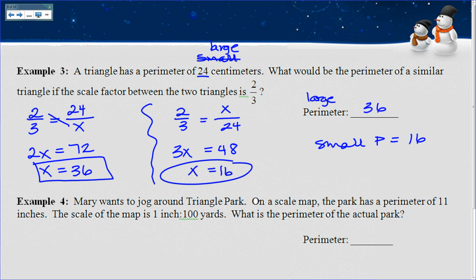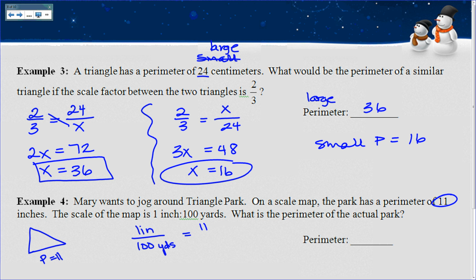Okay. So Mary wants to jog around a triangular park. So she's got this park that she wants to go around. On a scale map, the park has a perimeter of 11 inches. But the scale is 1 inch to every 100 yards. So what is the actual perimeter? Well, I know that the perimeter is 11 inches because it told me that here.